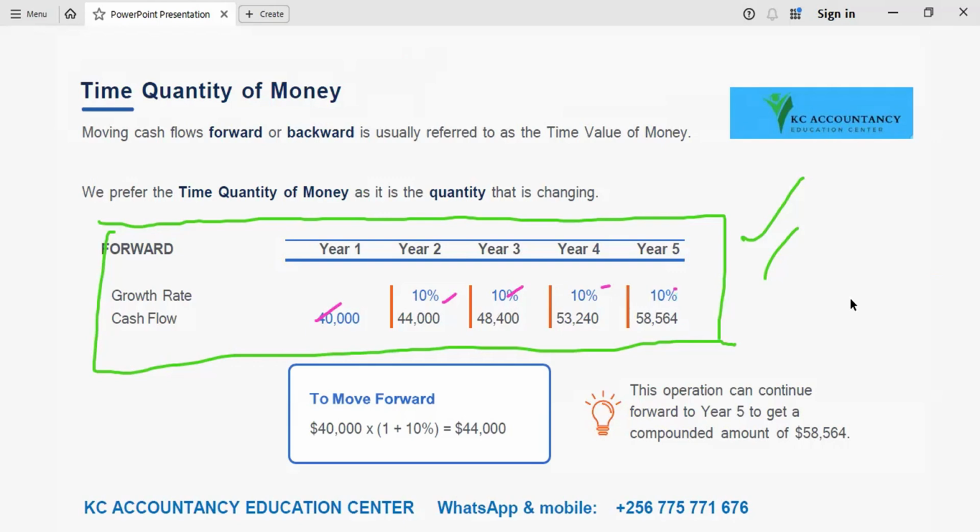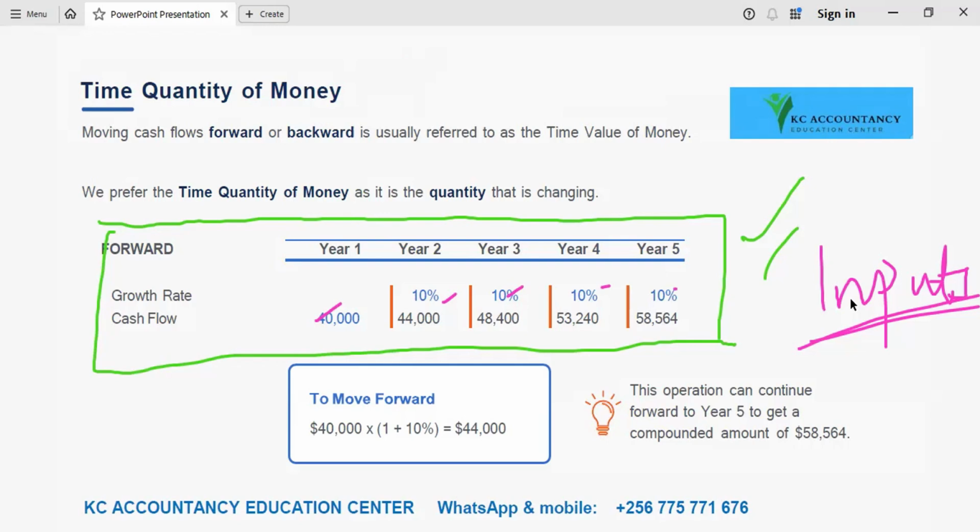We've said from our previous courses that blue font is typically used in financial modeling to portray an input. In other words, whatever is in blue is looked at as an input.